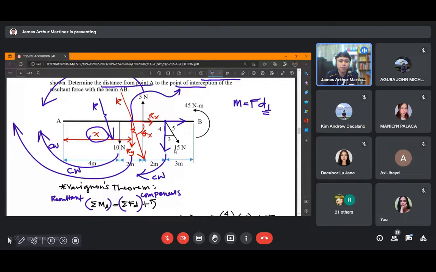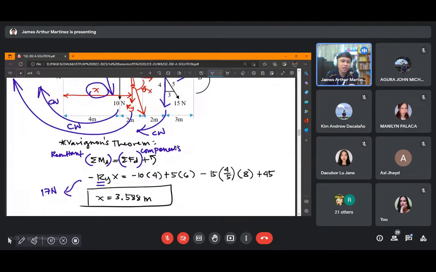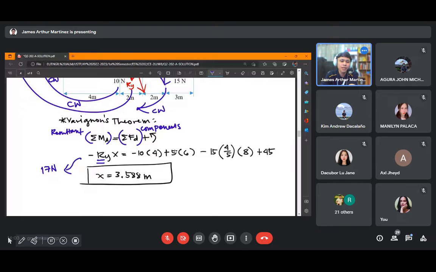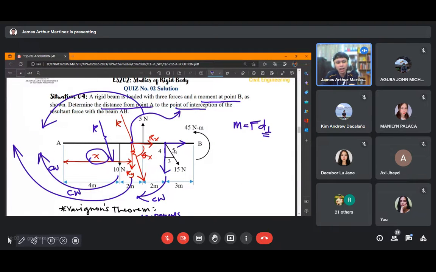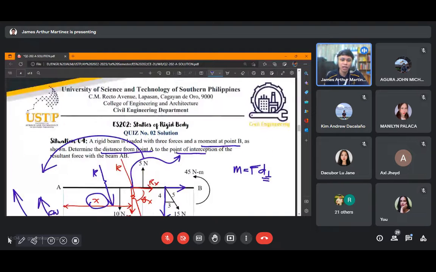So after calculation and investigation, we found out that the point of interception of your resultant force lies at 3.588 meters from point A. Okay, so that is now our answer for situation 4.